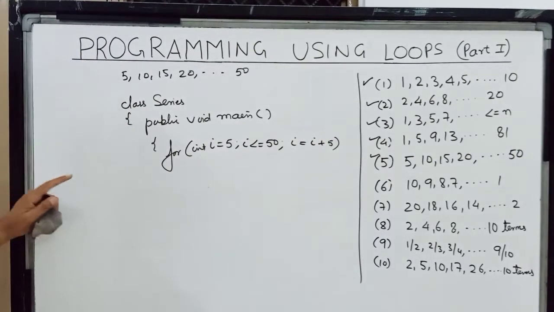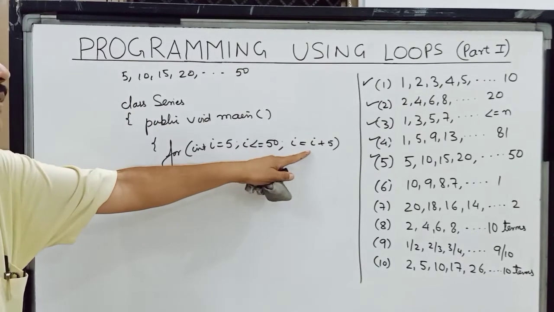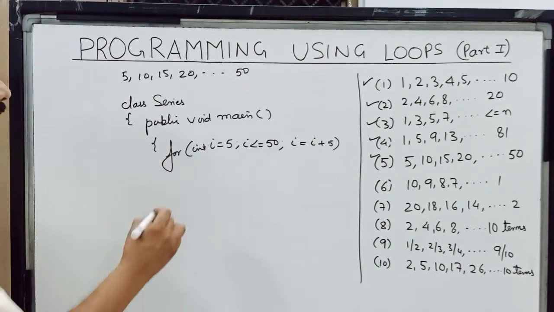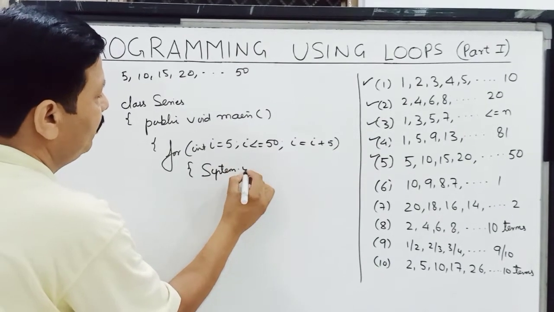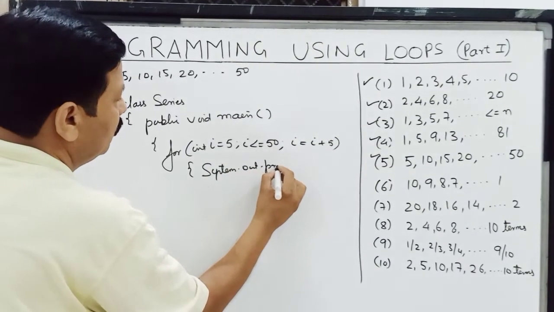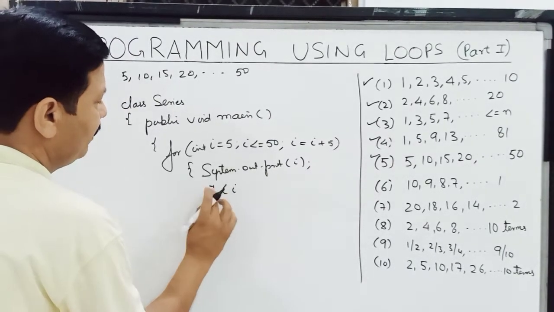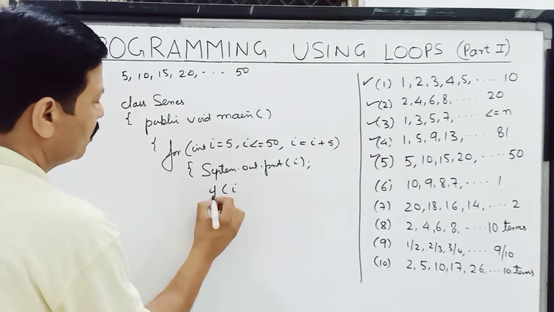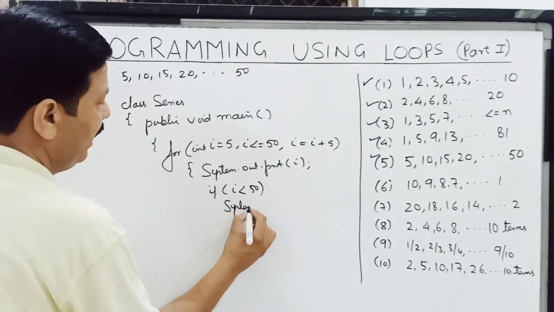My initial value is 5, my final value is 50, and I am increasing the value by 5, and here I am printing I. So I will get all these numbers. Print I, and if I is less than 50, I am going to print that comma.